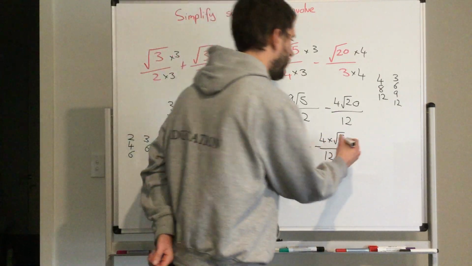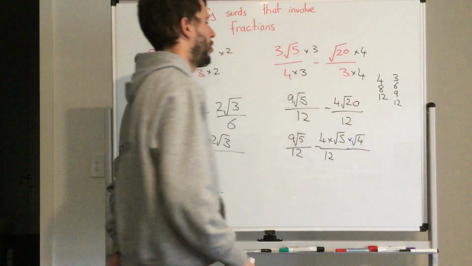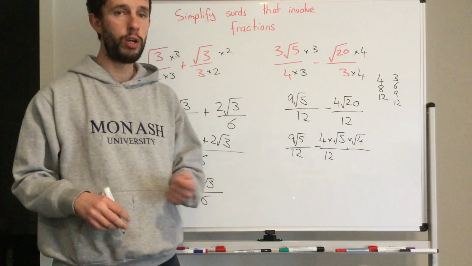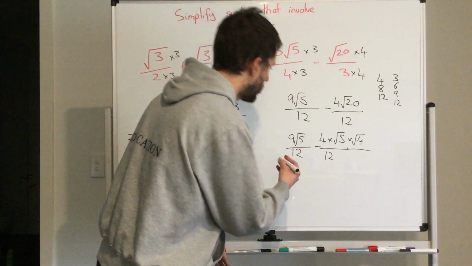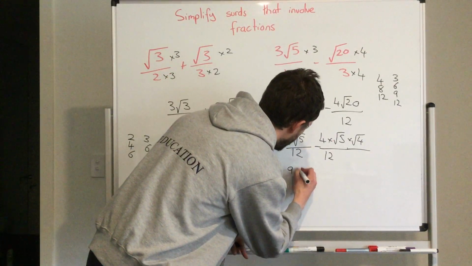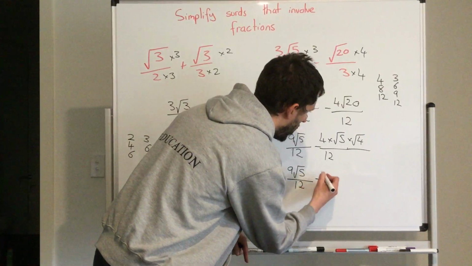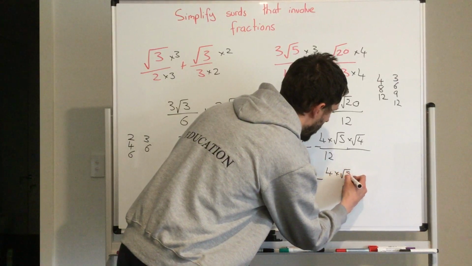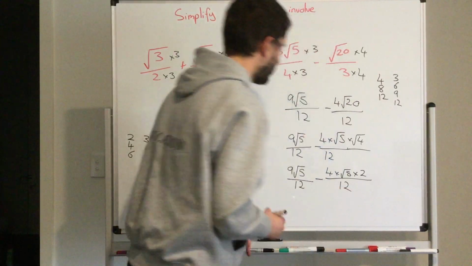So square root of 5 times the square root of 4 is the same as square root of 20. Square root of 4 is 2, because 2 times 2 equals 4, so I can rewrite that as 9 times square root of 5 over 12 minus 4 times square root of 5 times 2 over 12.